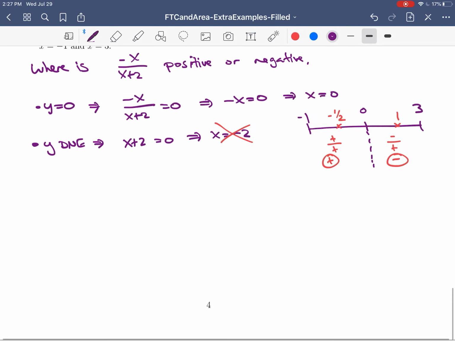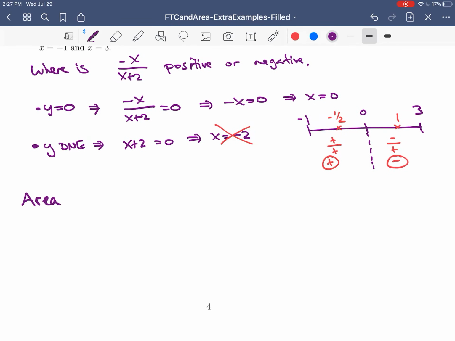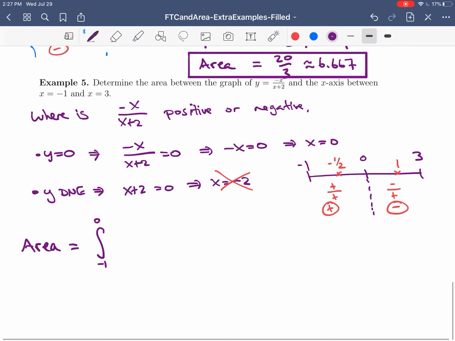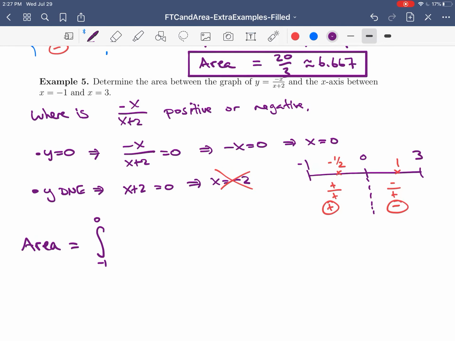So that means the area is going to be the definite integral from negative 1 to 0 of negative x over x plus 2 dx, plus the absolute value of the integral from 0 to 3 of negative x over x plus 2 dx.